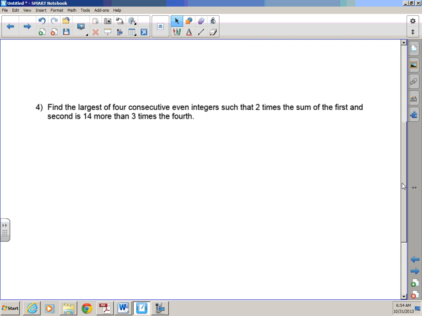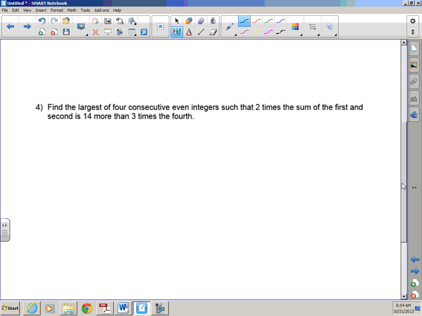Find the largest of 4 consecutive even integers such that 2 times the sum of the first and the second is 14 more than 3 times the fourth. Now, obviously that sounds very complicated, but if you parse through the words properly, it really isn't as difficult as it sounds.